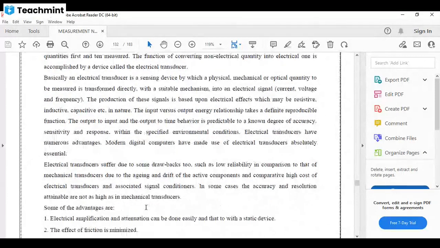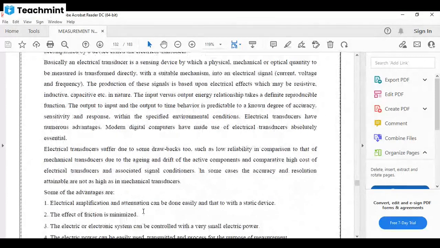Electrical transducers also suffer from some drawbacks, such as low reliability in comparison to mechanical transducers due to the aging and drift of active components, and high cost of electrical transduction associated with signal conditioning. In some cases the accuracy and the resolution attainable are not as high as with mechanical transducers.